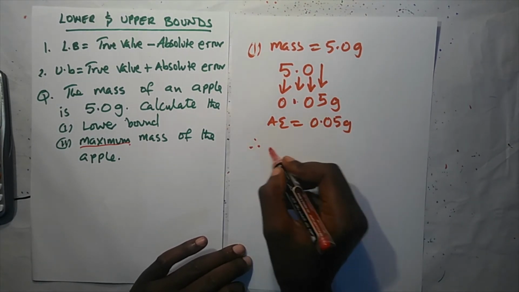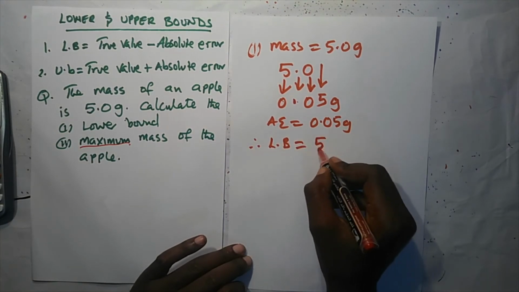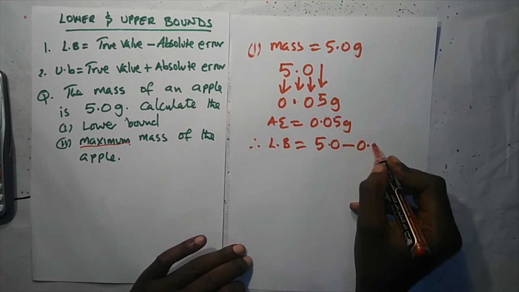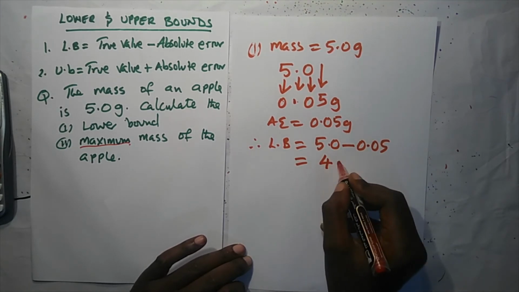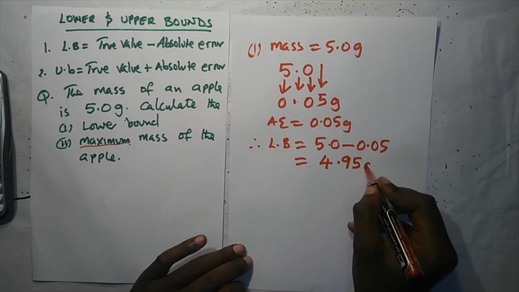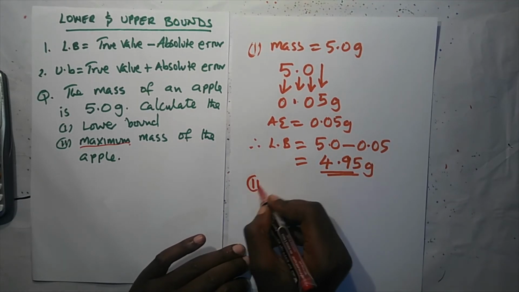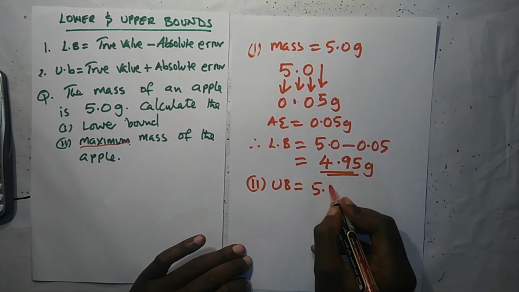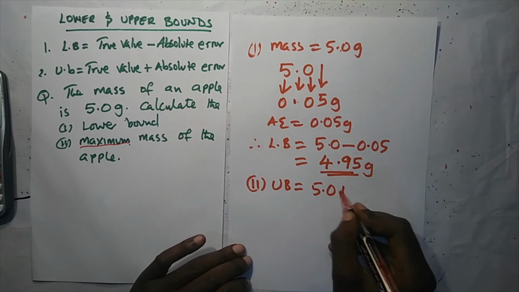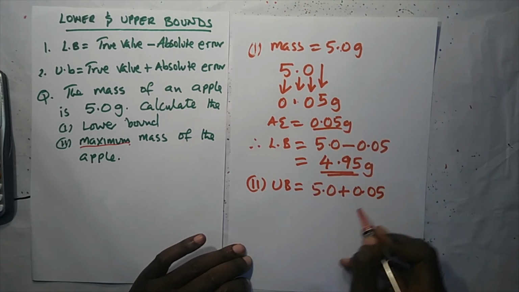Therefore the lower bound is found by subtracting from the true value, 5.0 minus 0.05. When you subtract, you get 4.95 grams, the same units that we have. For the upper bound, we add 5.0, the true value, plus the absolute error, 0.05.